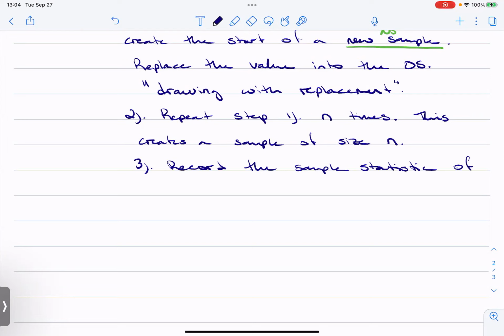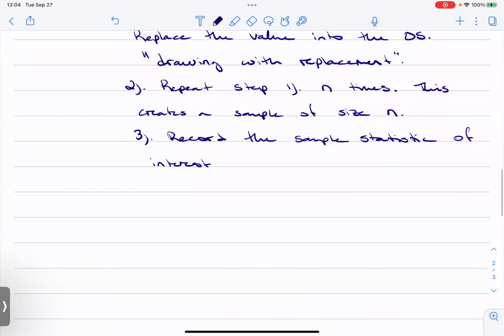Record the sample statistic of interest, for example, the sample mean x bar.